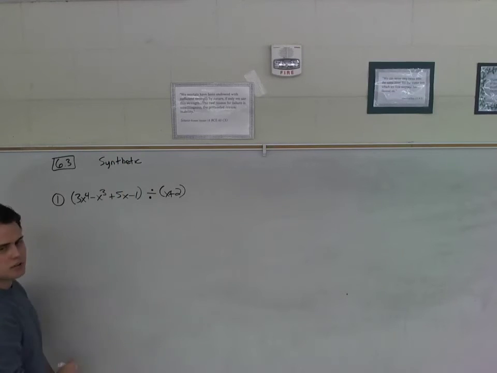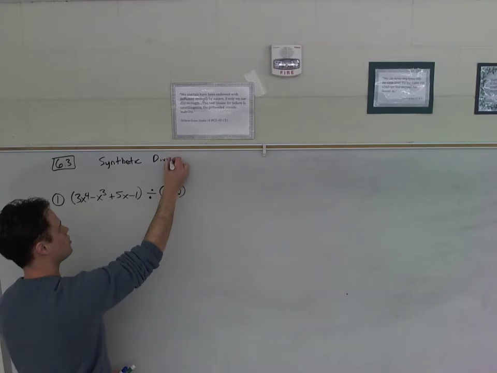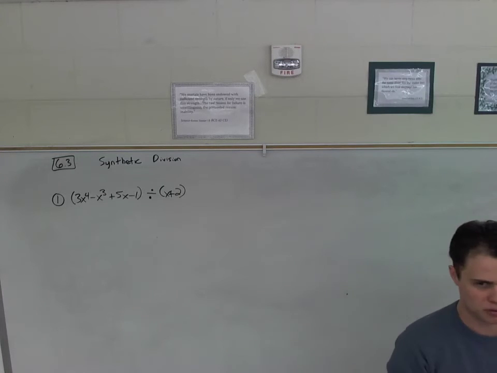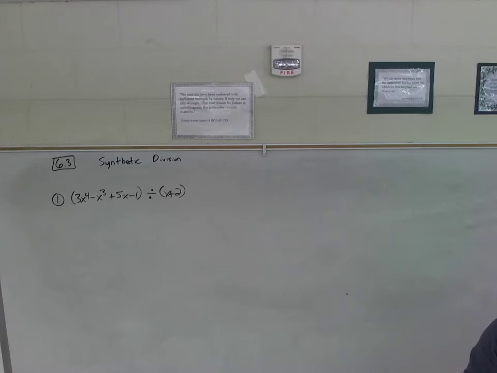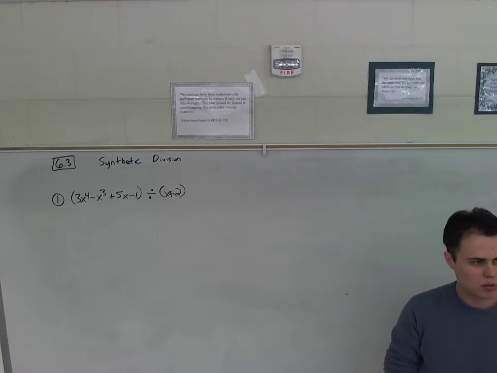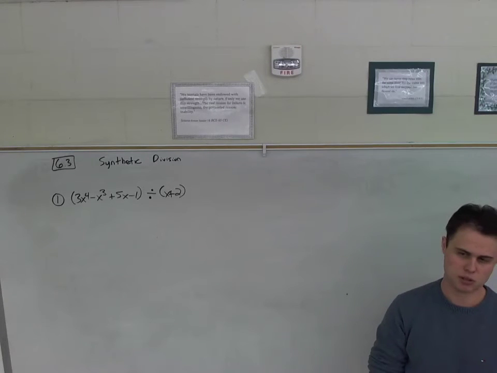There's two ways to divide polynomials. We're only going to learn one this year. It's called synthetic division. I think you'll like it. It's just a little new algorithm that you've never seen before. It's pretty quick. It's not hard to use. It is limited. So the other kind of division, what's a division you learned way back in elementary school you probably didn't like very much?